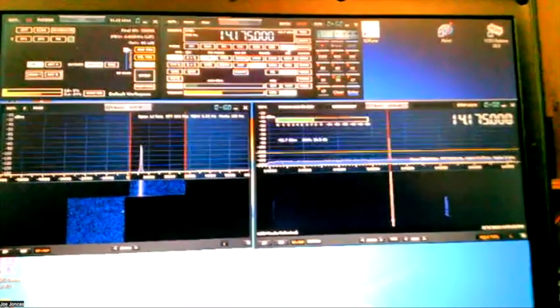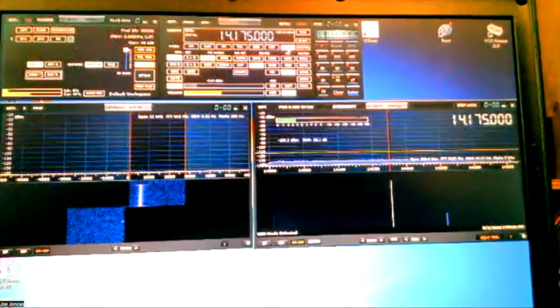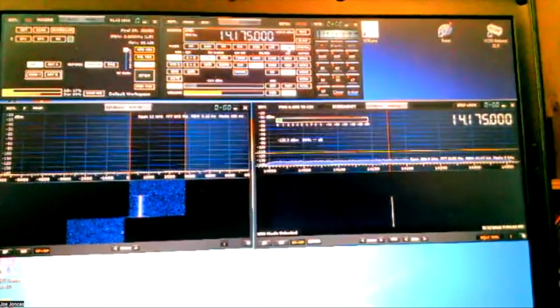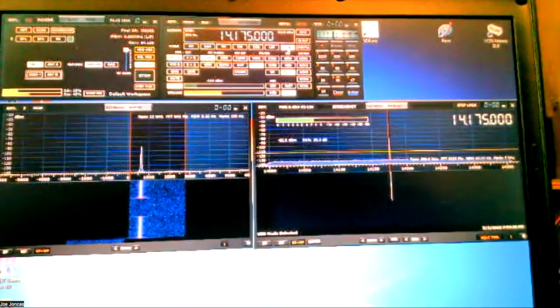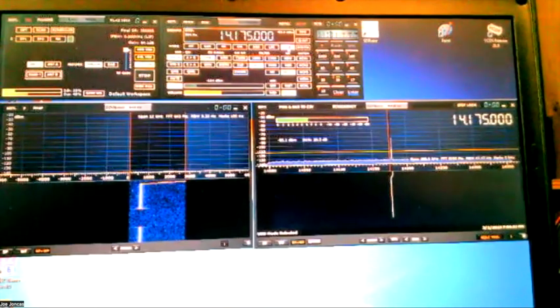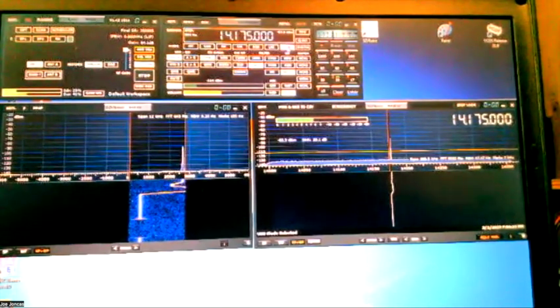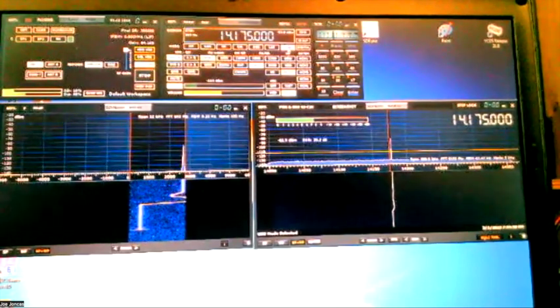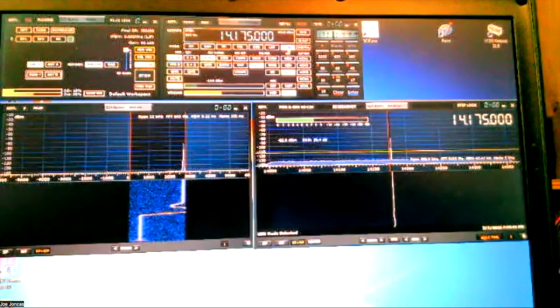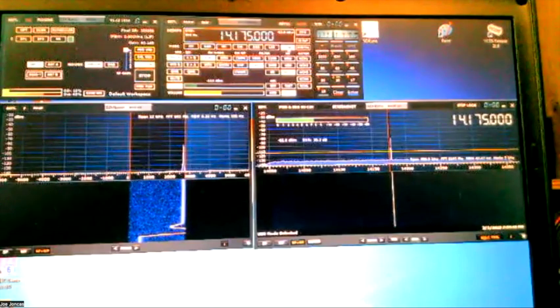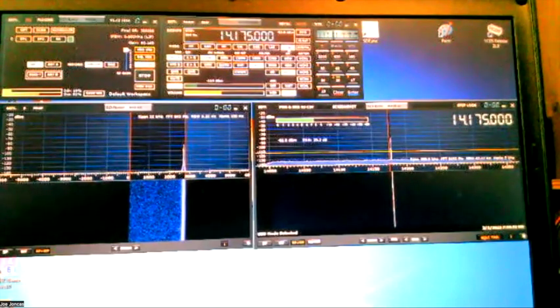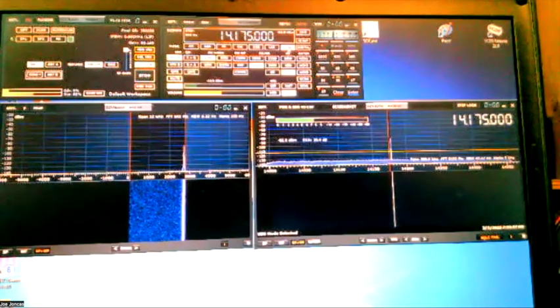Okay, notice this tone. That's my signal generator. And I'm going to put this at what I'm going to call the upper side of the band, just for reference. This is going to be the high side of the band.